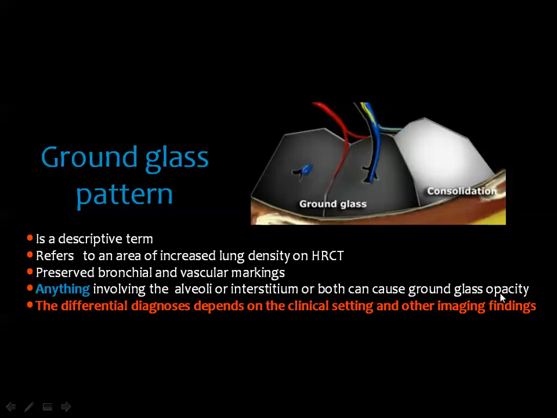So in any of the diffuse lung diseases, you can see ground glass opacities. The differential diagnosis of ground glass opacities depends on the clinical setting and other imaging findings. If the ground glass pattern is present only in the lung, then we have a specific differential diagnosis.